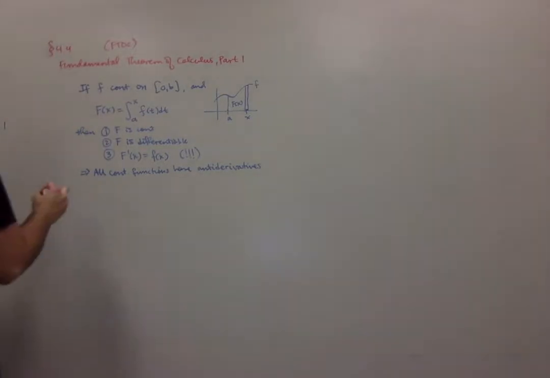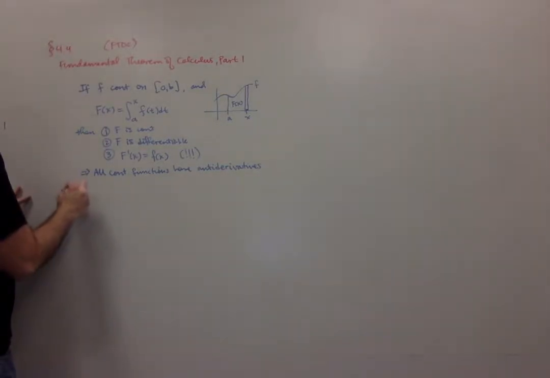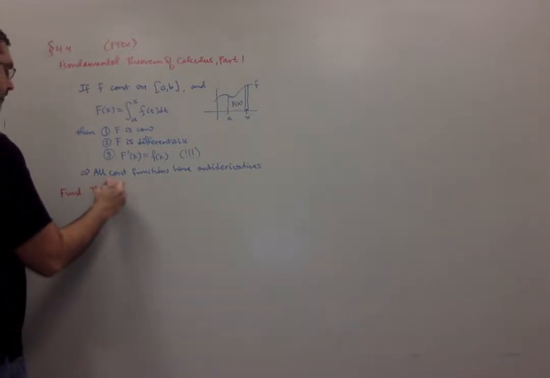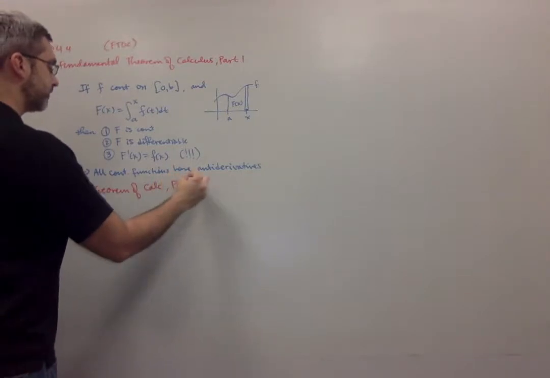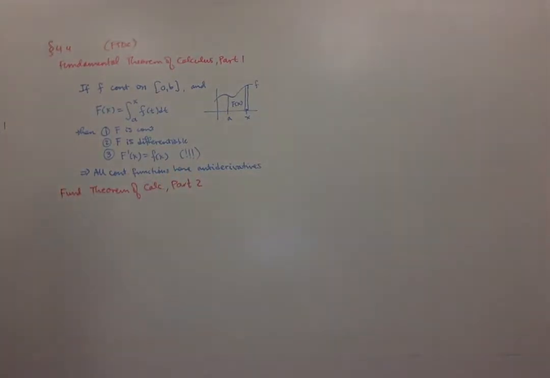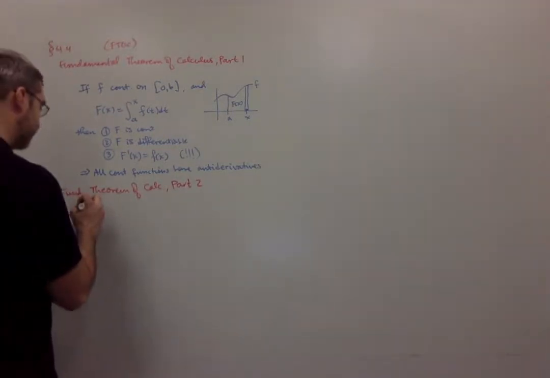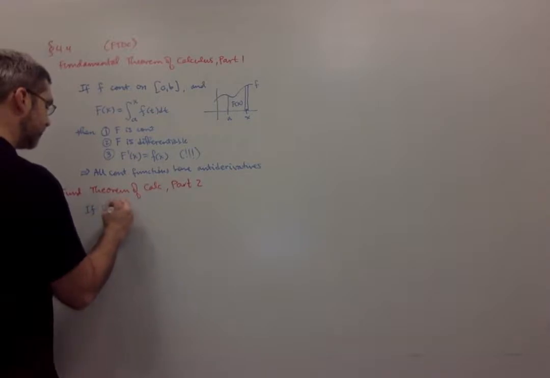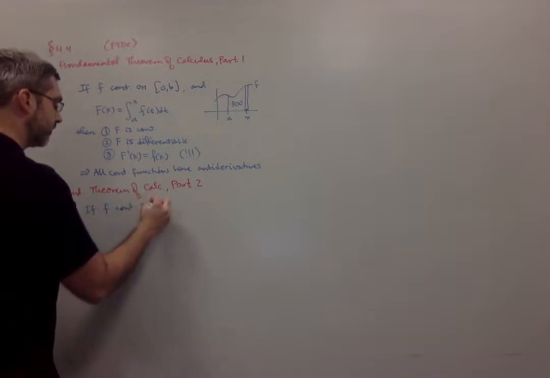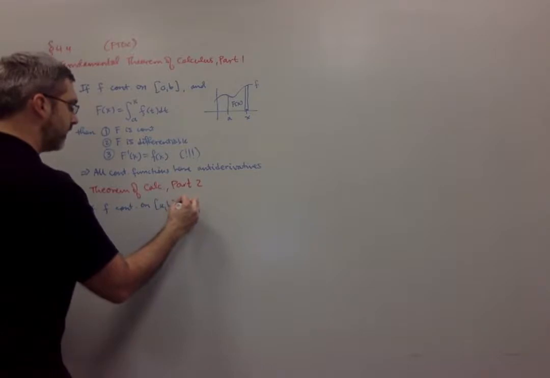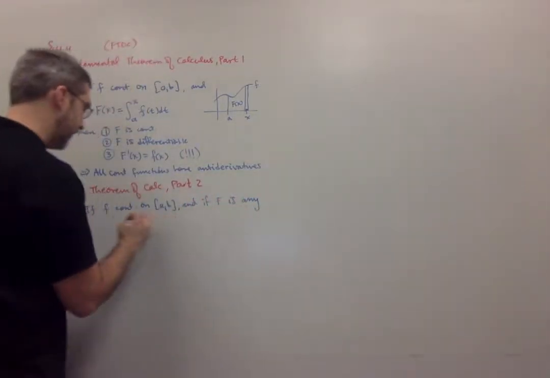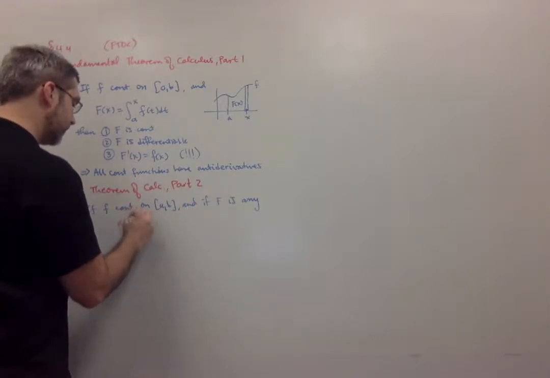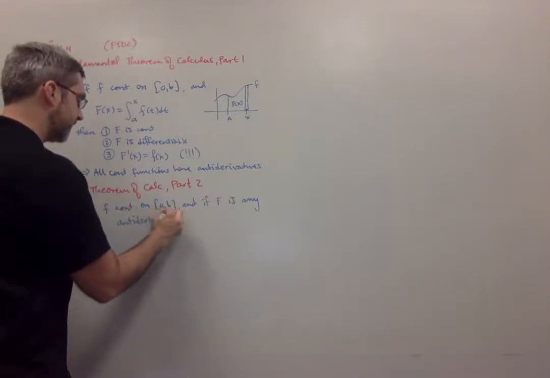Let's take a look at fundamental theorem of calculus part 2 now. Okay, what this says is that if you start with a continuous function on a closed interval, and if big F is any antiderivative, we know a continuous function has an antiderivative.